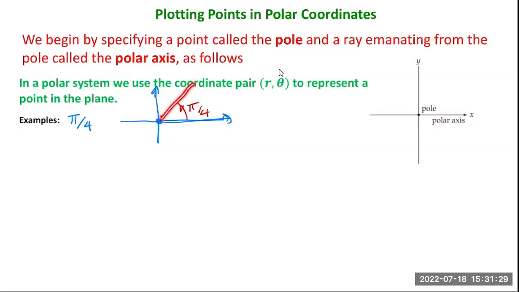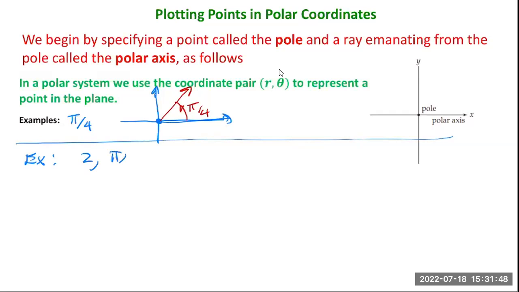So this direction is called the direction specified by the angle pi over 4. With that in mind, let's look at some examples. Here is the first example. How do we mark the point 2 comma pi over 4 on the polar plane?